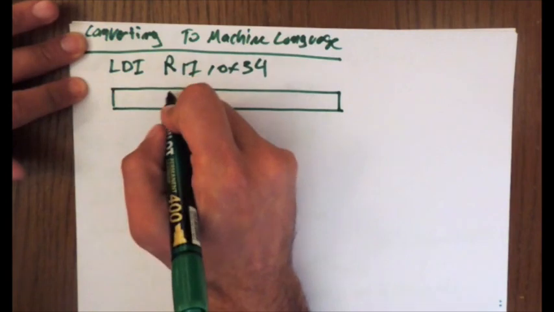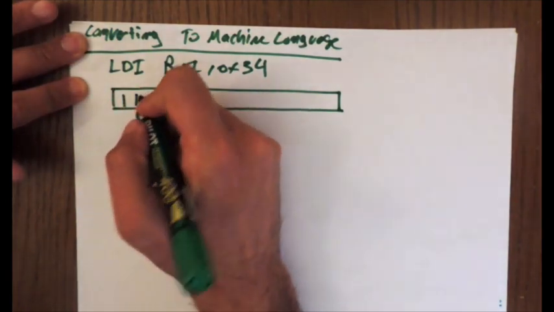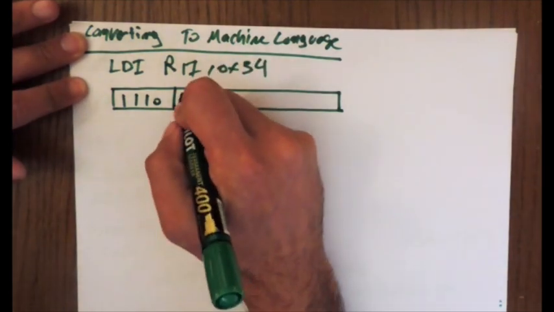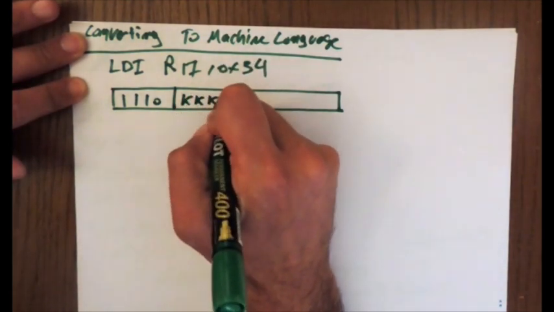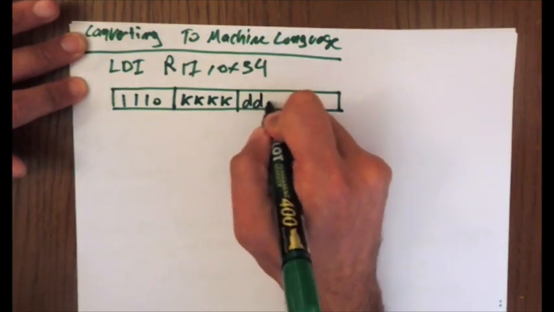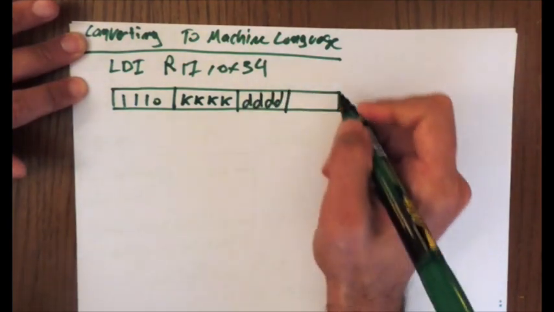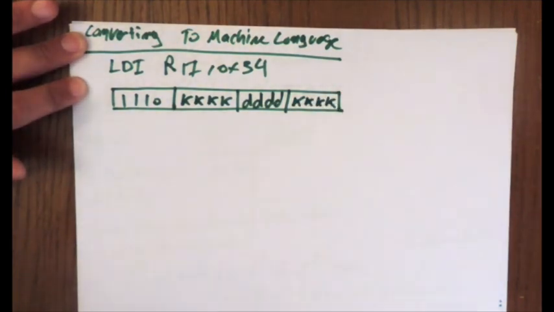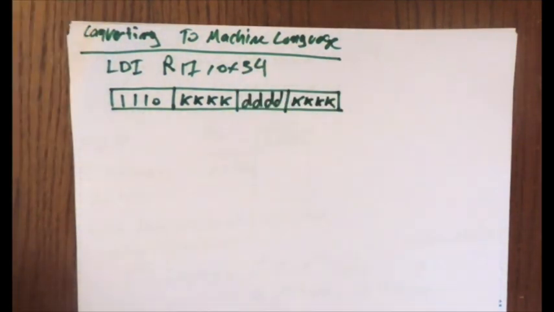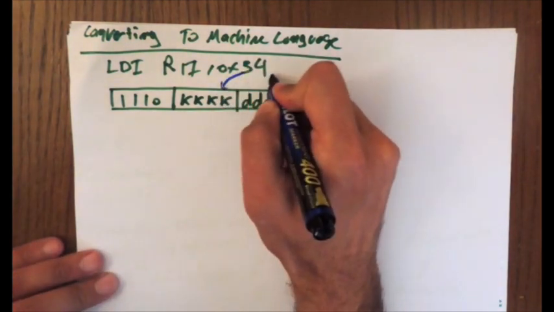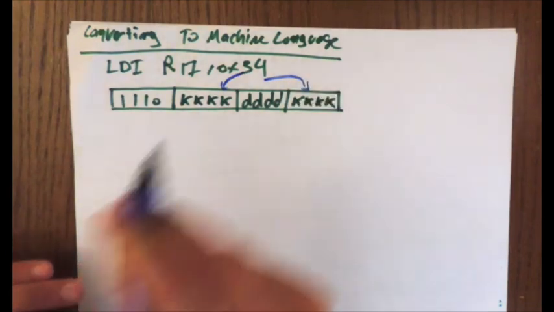So the first 4 bits are always 1110, and then we have K, K, K, K, and then we have D, D, D, D, and then we have another K, K, K, K. So the K is from here. It goes like this and like this.